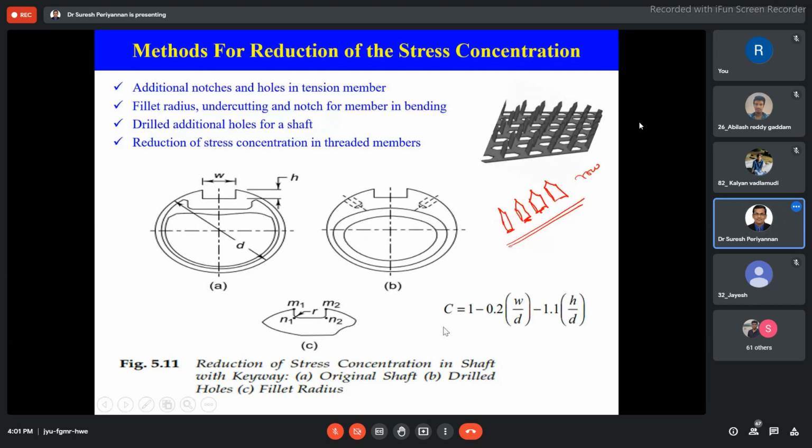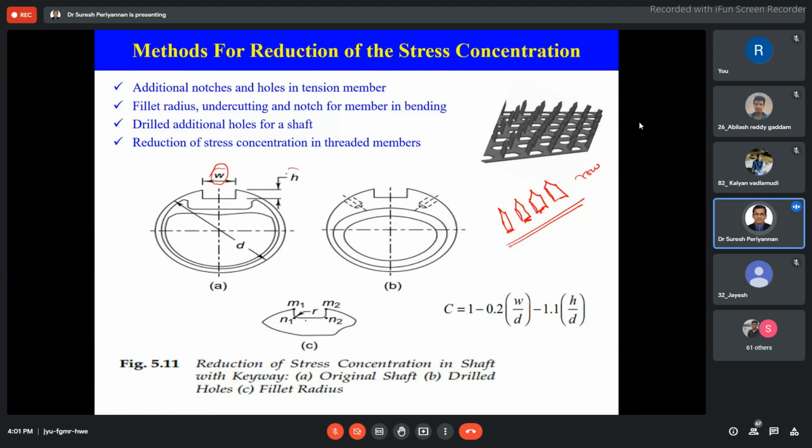When we use this design, W and H are the width and the height of the keyway. This is our width of the keyway, and this is the height of the key.